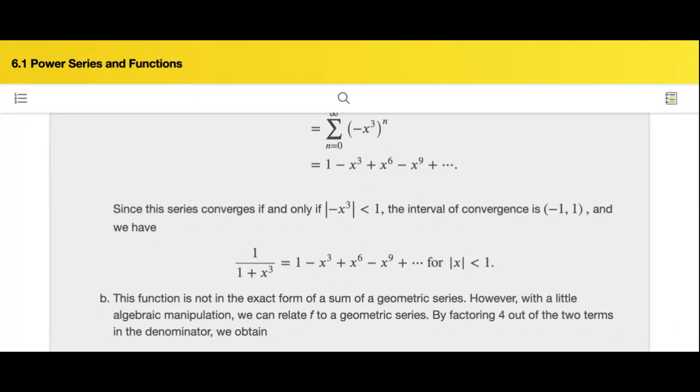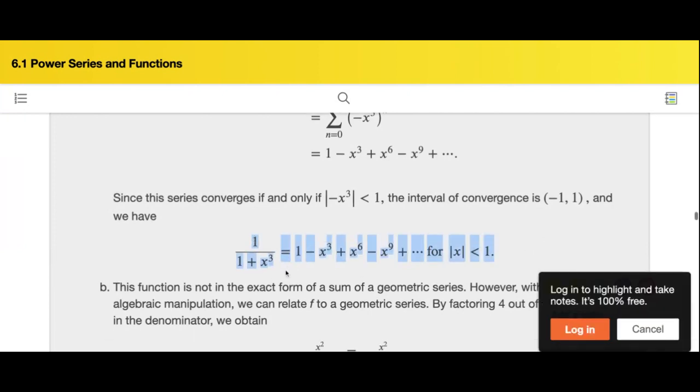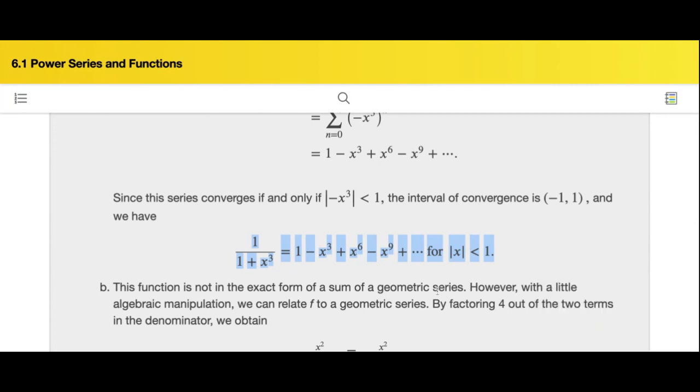And radius of convergence is 1. So then we just write the conclusion. We write, okay, 1 over 1 plus x cubed can be represented as an infinite power series as 1 minus x cubed plus x raised to 6 minus x raised to 9, so on and so forth, for absolute value of x less than 1.